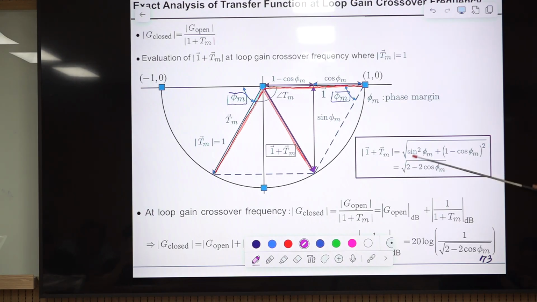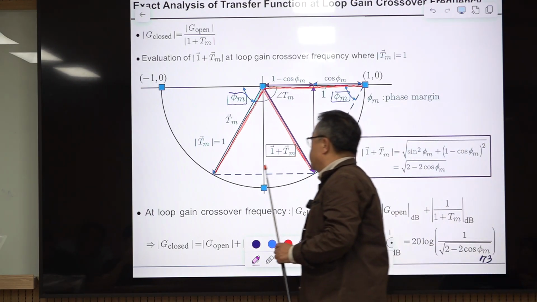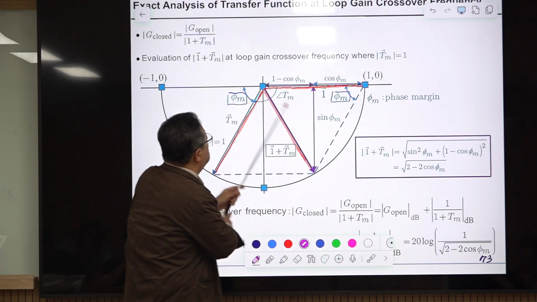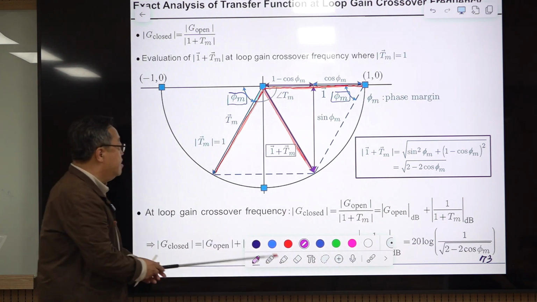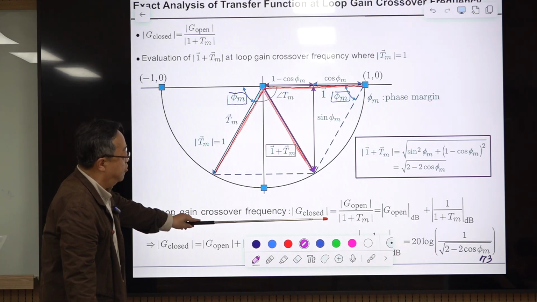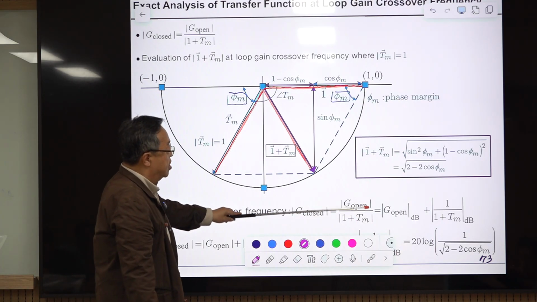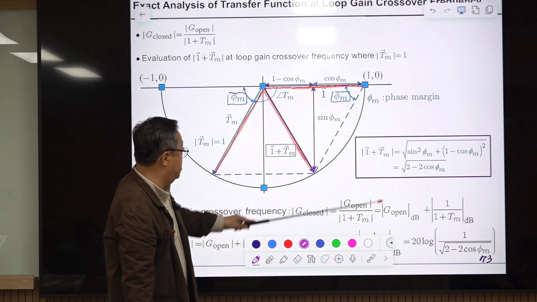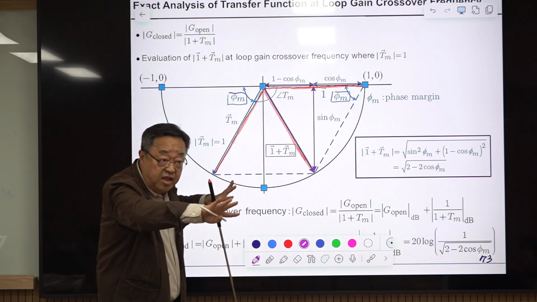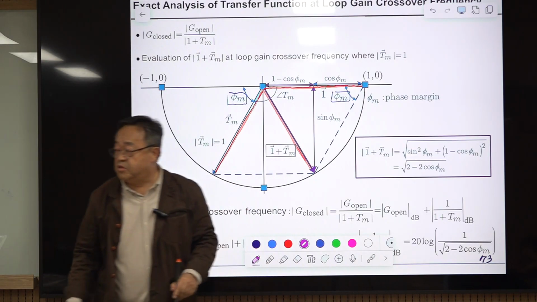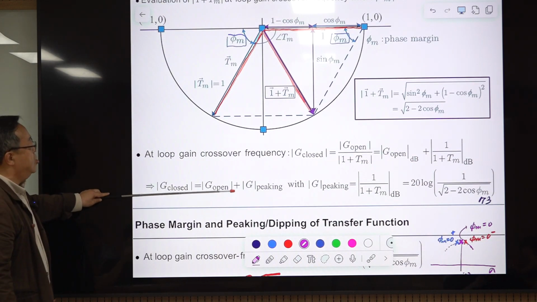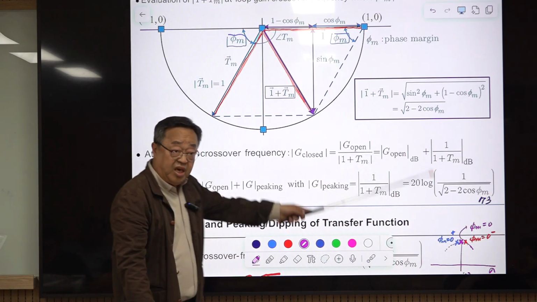So this is actually the length of the Tm vector from the origin. This represents just this length. At the crossover frequency, the magnitude of the closed loop transfer function is the open loop transfer function divided by 1 plus Tm. We separate it, and in log scale it becomes addition. Written this way, this is the magnitude of the open loop transfer function, and this can be peaking or dipping.